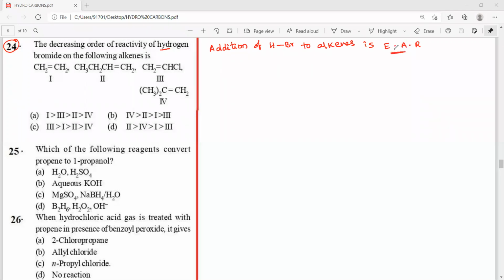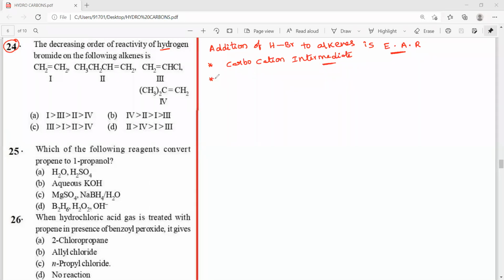Okay, students, it is an electrophilic addition reaction in which a carbocation intermediate forms.